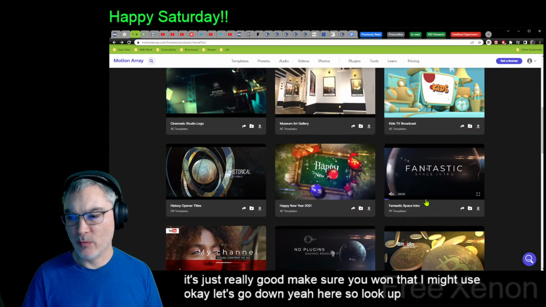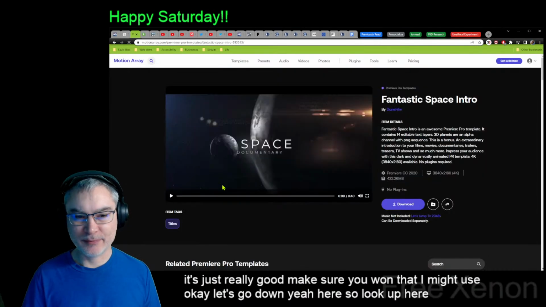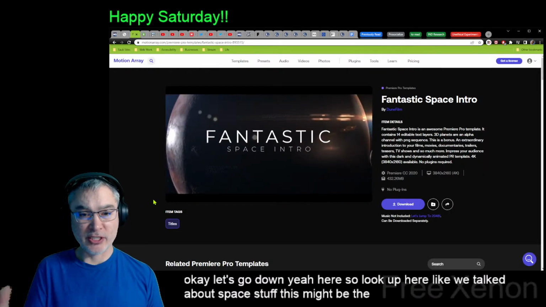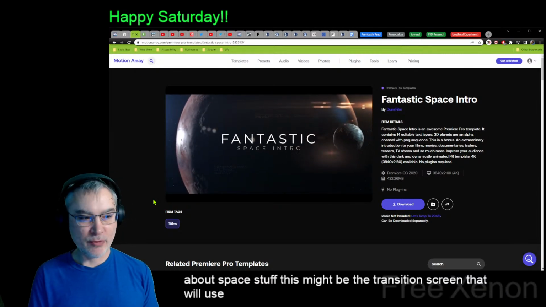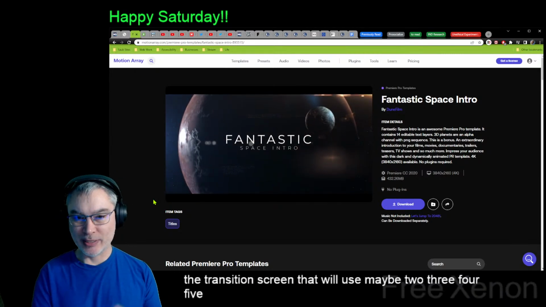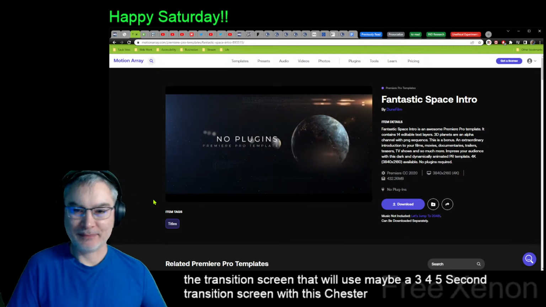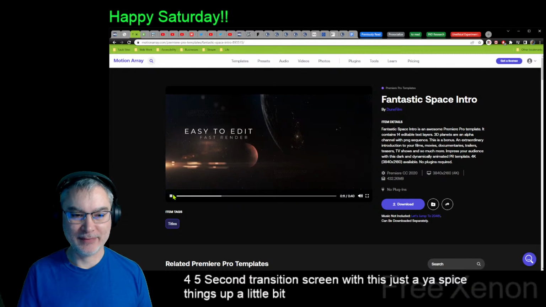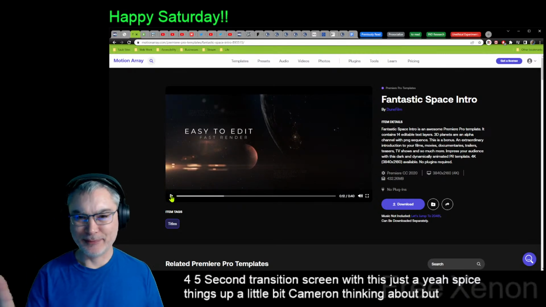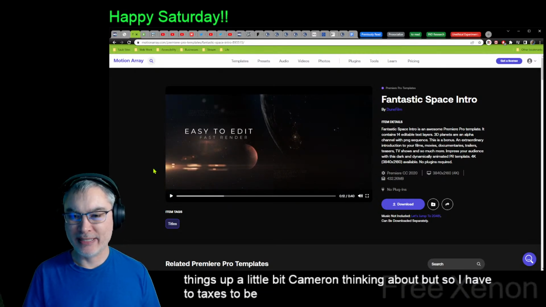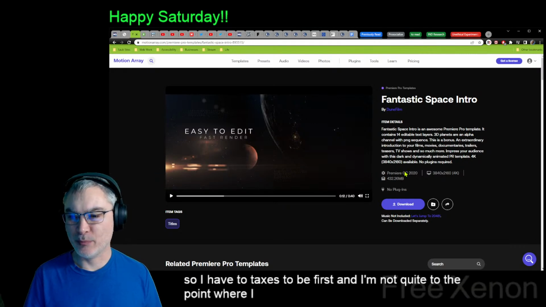If we're going to talk about space stuff, this might be the transition screen that we'll use. Maybe a 3, 4, 5 second transition screen like this, just to spice things up a little. It's kind of what I'm thinking about, but I have to get access to these first, and I'm not quite to the point where this is in Premiere. I need to find them in DaVinci Resolve.